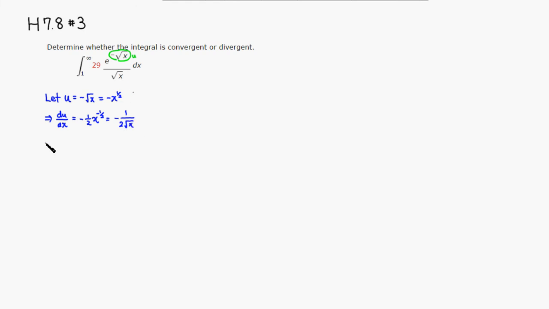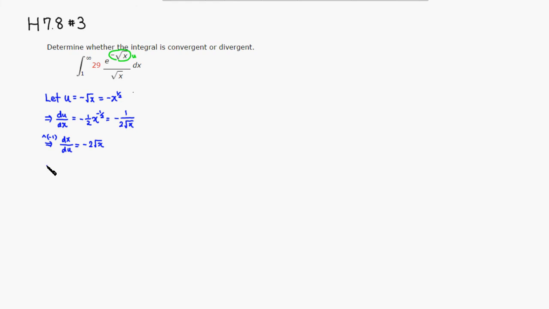Then we can just put it upside down, so you have dx over du is equal to negative 2 square root of x.